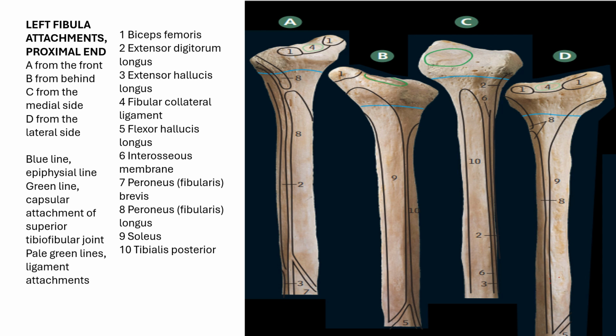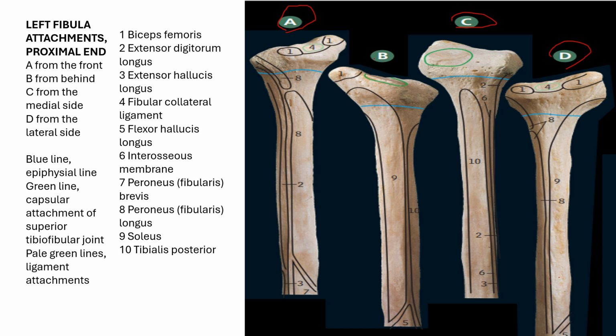Now we are going to see the attachments on the left fibula on the proximal end. As in the previous slide, image A1 is the anterior one, B is the posterior one, C is on the medial side, and D1 is the lateral side. In this figure we can see a few lines.